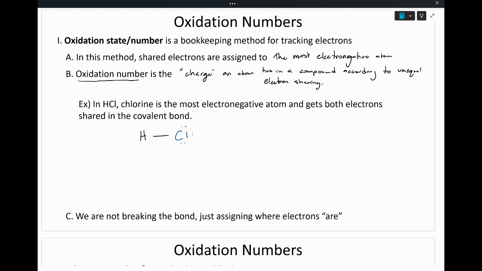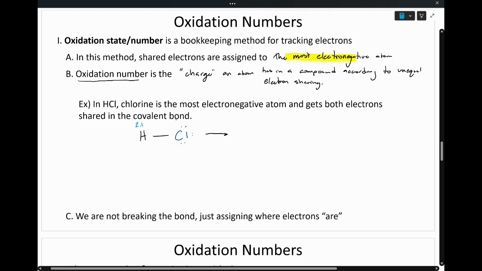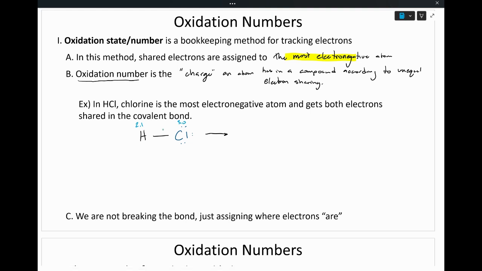And so if we're going to assign the oxidation state, we said we're going to take all shared electrons and assign them to the most electronegative atom. And we know the electronegativities here are going to be 2.1 for hydrogen, 3.0 for Cl. And so this set of electrons right here is going to be owned by the chlorine.